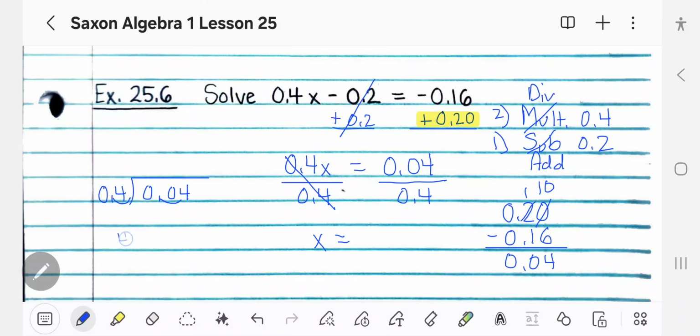So essentially what it is now is this. Oops, I put the decimal in the wrong place. 0.004. So we really don't need all those zeros, do we? Okay, and then the decimal is here, and that means I bring it up. 4 doesn't go into the zeros, but it will go into 4 one time.